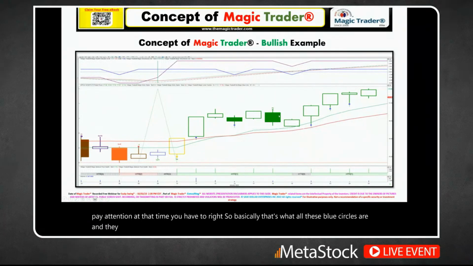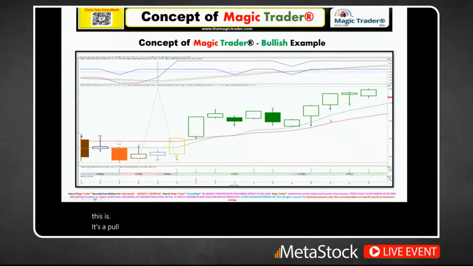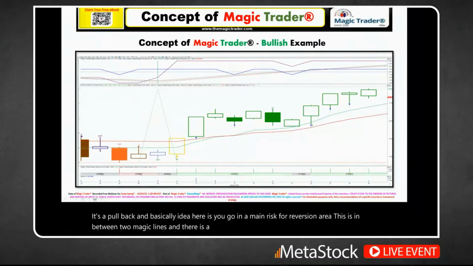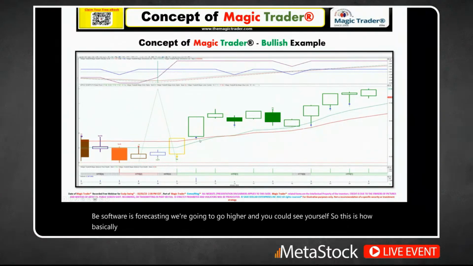This is a pullback, so you could take your profits or whatever. The idea here is you go in a main risk reversion area, in between two magic lines, and there is forecasting. The software is forecasting we're going to go higher, and you could see for yourself. This is how these colored candles work.